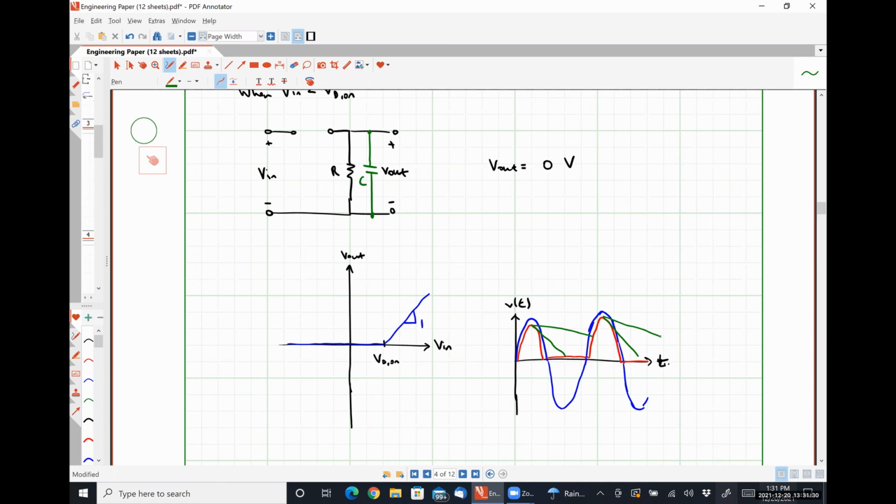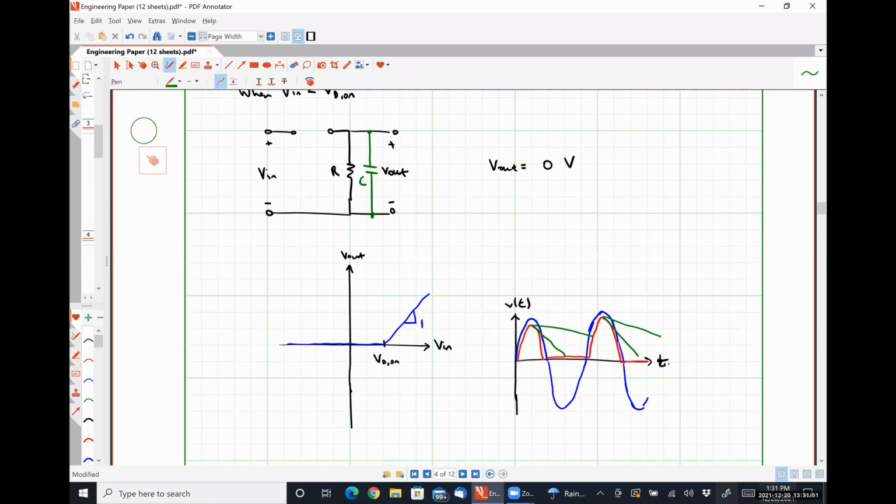If we make it so that the frequency of our input signal is, let's see, trying to think how to explain this correctly.